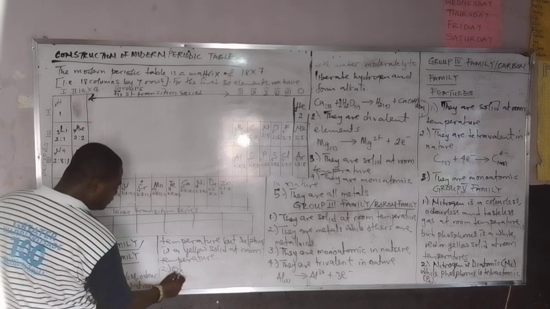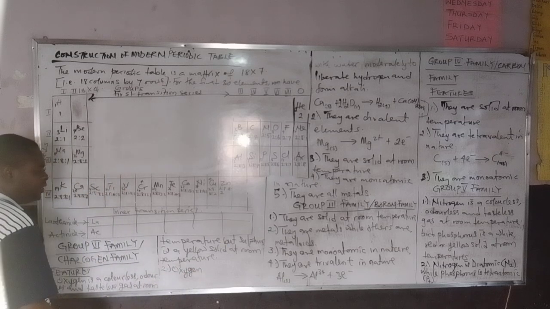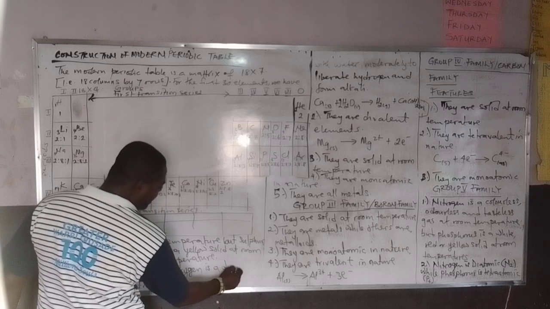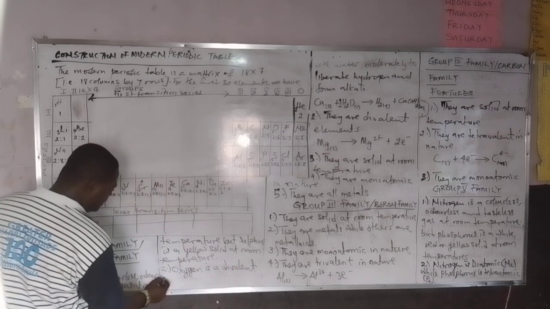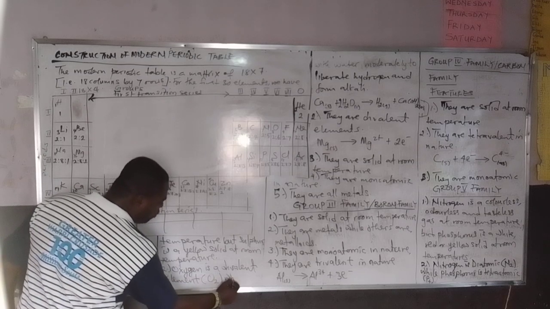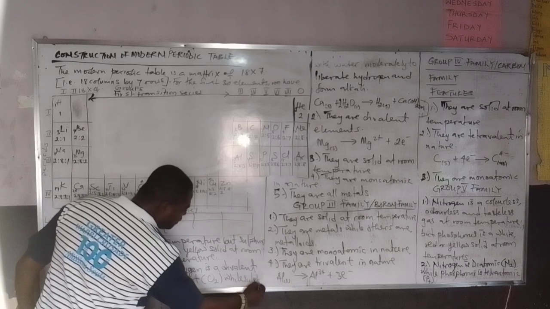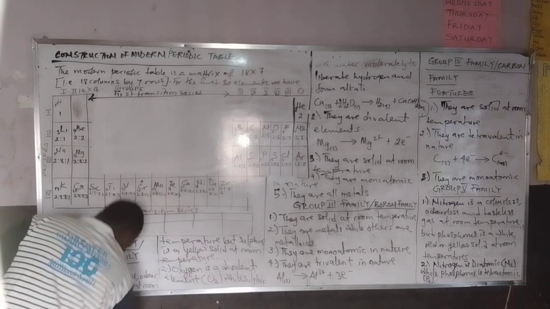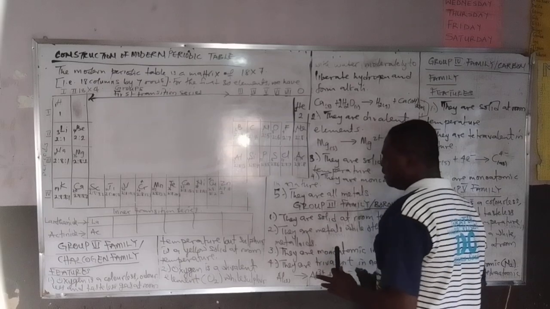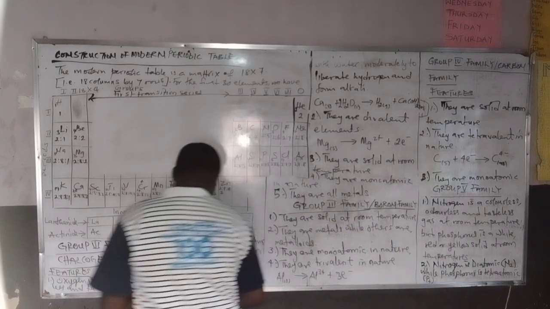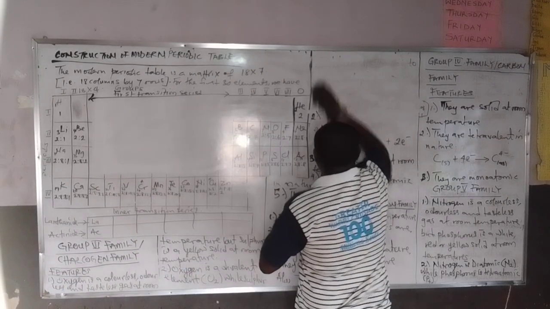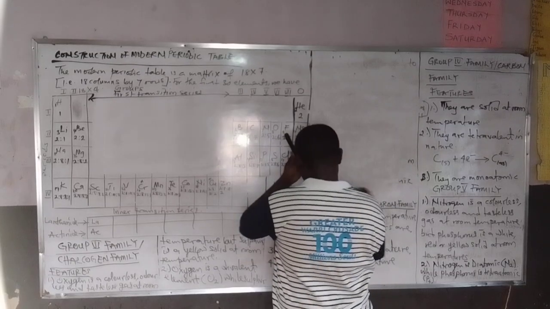Number 2. Now oxygen is a divalent element, so it must be written as O2. While sulfur is also divalent.